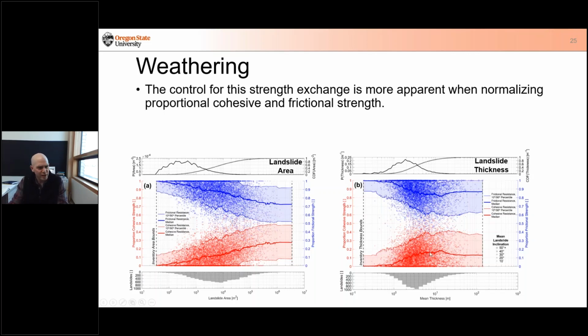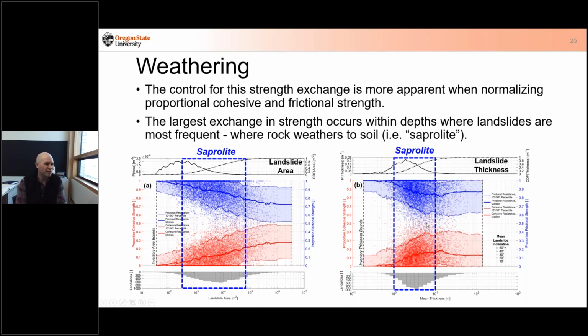The same trends are generally observed for landslide thickness. And what we see, when we look at the typical range where we might see weathered bedrock, say between soil and intact rock, well, we see that most of the exchange that we have occurs within this range. This is effectively a proxy for weathering. And that is where we expect high landslide frequency.